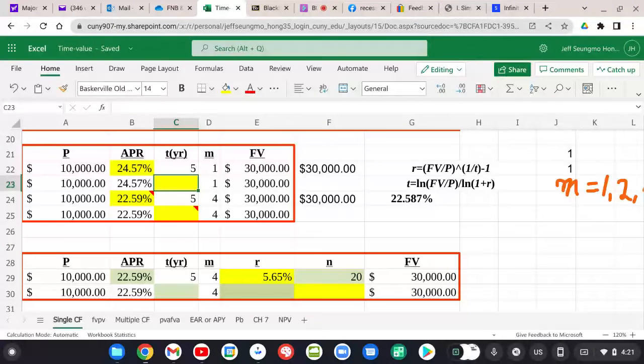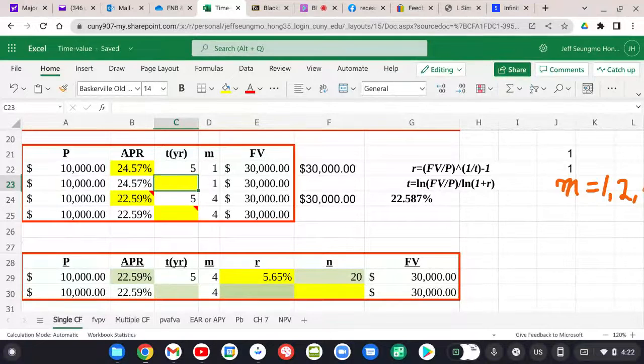Okay, good. So row 23, we know it's 5 years, but let's see if it's really. If we get 5 years by using this formula, then our formula checks out exactly.